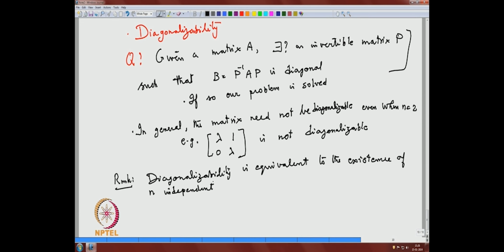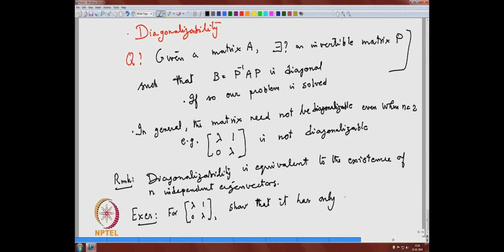We also recalled some of these things in our basics. So here is an exercise for you: for the above matrix, show that it has only one eigenvector, one independent eigenvector.